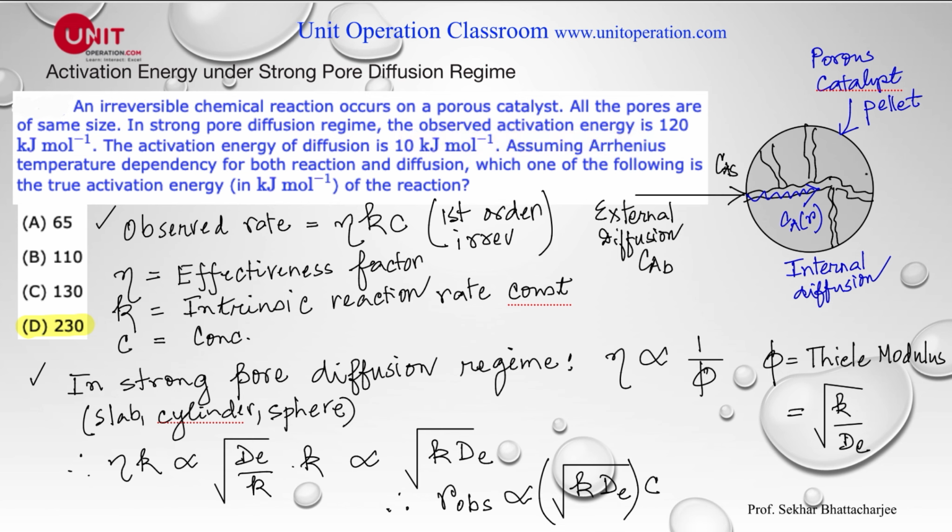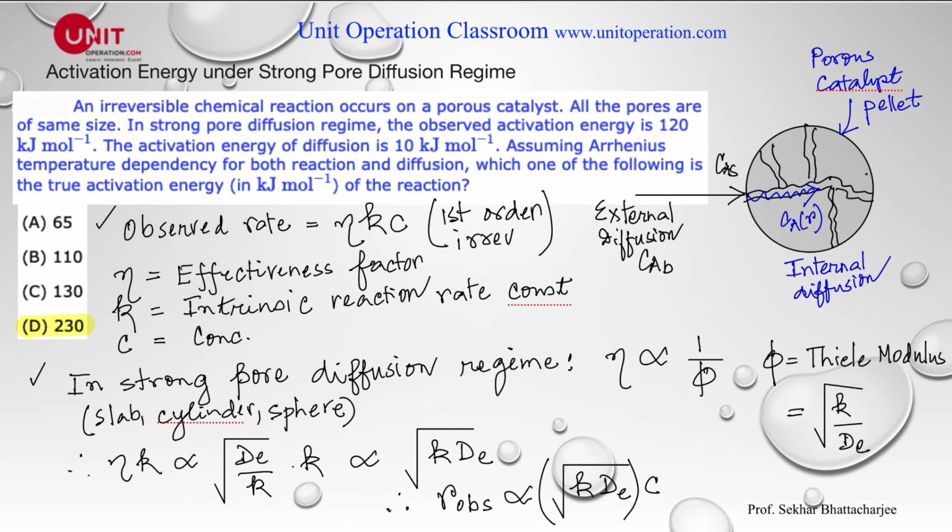This is an external diffusion from the bulk gas. Let's say the reactants diffuse to the catalyst surface here, and then the reactants enter the catalyst pores. There are highly interconnected catalyst pores, and there is of course diffusional resistance to travel inside the catalyst pores.